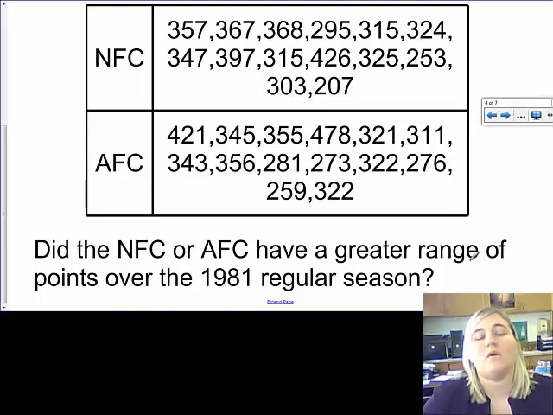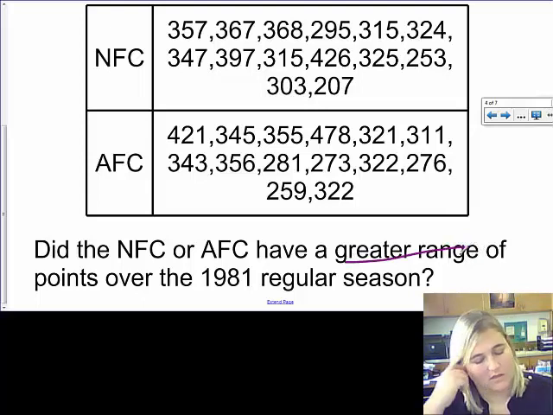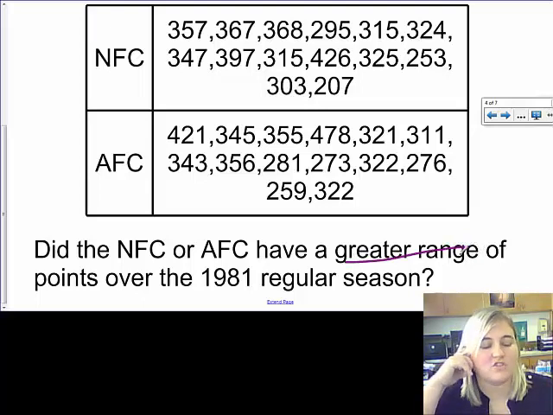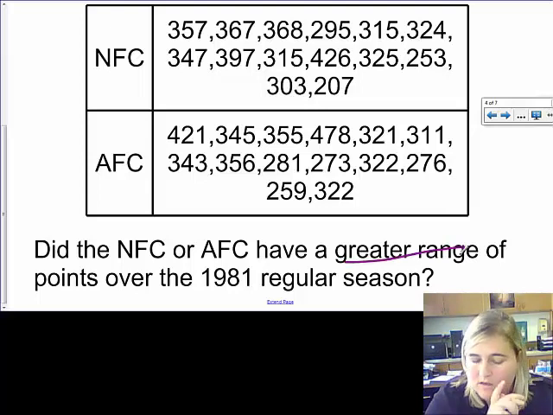So I want to know the range of each one. So for the NFC, I want you to find on your own the smallest number and the largest number. So take the time to do that and find the range of the NFC and the AFC. Go ahead and pause and do so now.